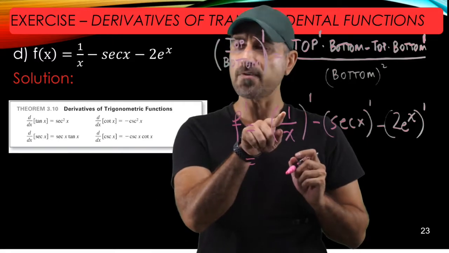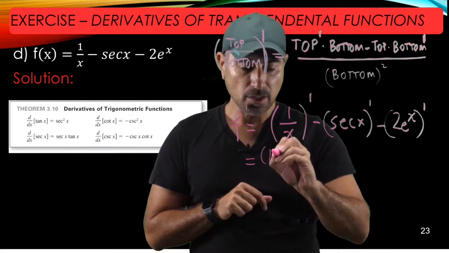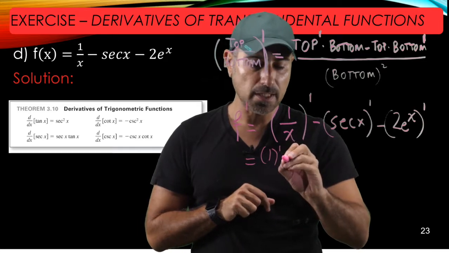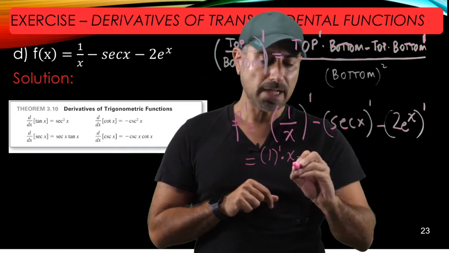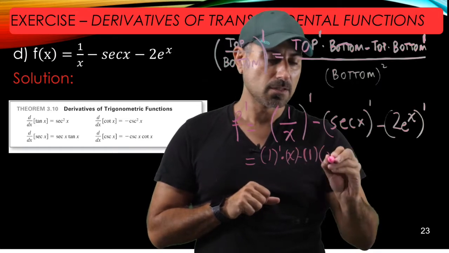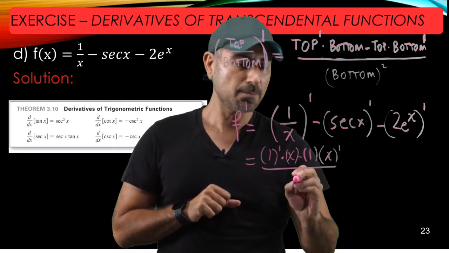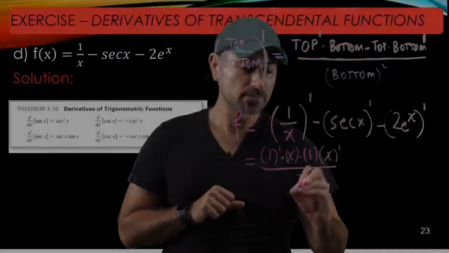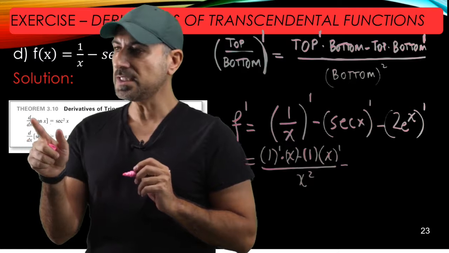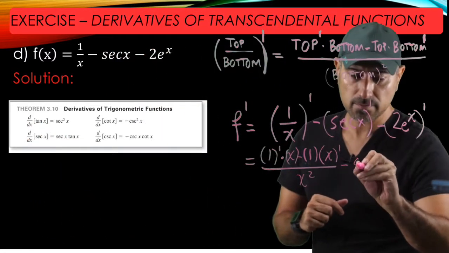So here the top function is going to be 1, the bottom function is going to be x. So the derivative of the top times the bottom minus the top times the derivative of the bottom divided by the bottom squared. And for the derivative of secant x, I'm going to use this formula here, which is secant x tan x.